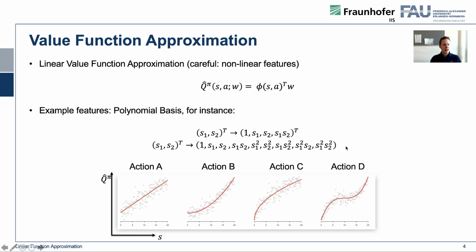What you see is that if you transform your state space using such a polynomial basis, you can find a set of linear parameters to describe this polynomial regression function.